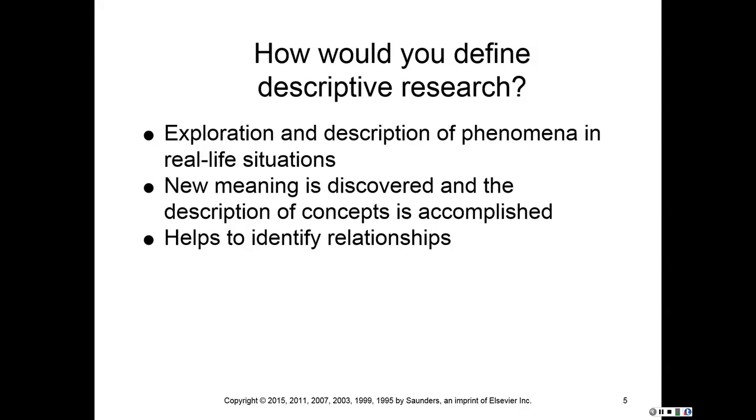And it helps to identify relationships. An example of descriptive research might be a study that looks at eating behaviors of male college students aged 18 to 21. They might investigate what their eating behaviors are, and if they're looking at relationships, they might try to relate their age to particular types of eating behaviors.